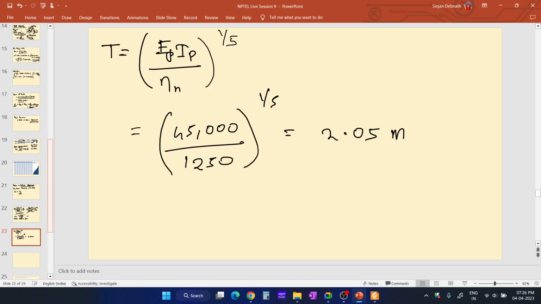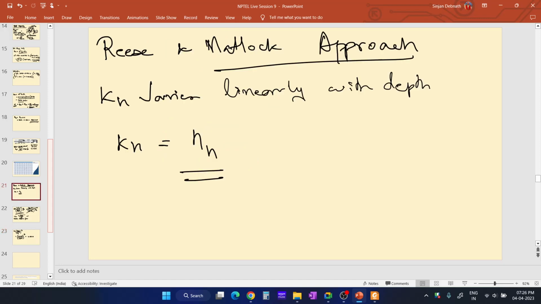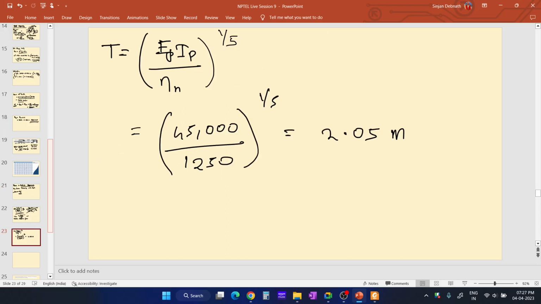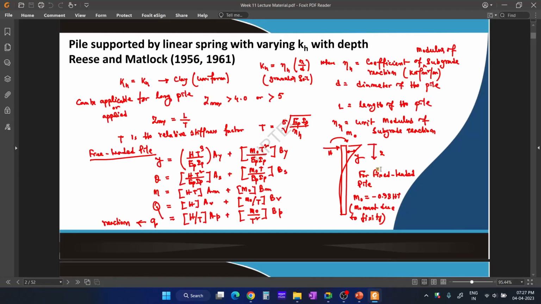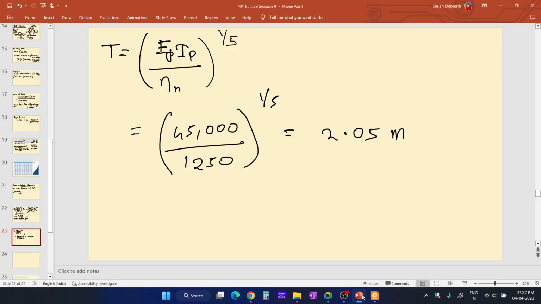And one thing I must mention is that this Matlock and Reese approach is applicable only for long piles.